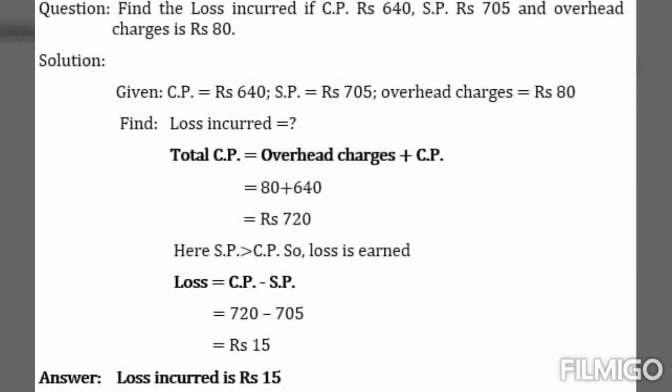So we have to find out the total cost price, which is 640 plus 80. That is 720 rupees is the total cost price, and SP is equal to 705. Altogether, the CP is greater than SP. Therefore, there will be a loss of rupees 15.